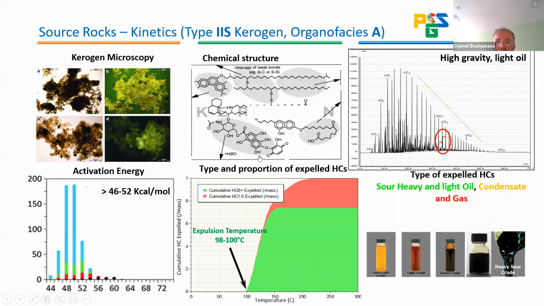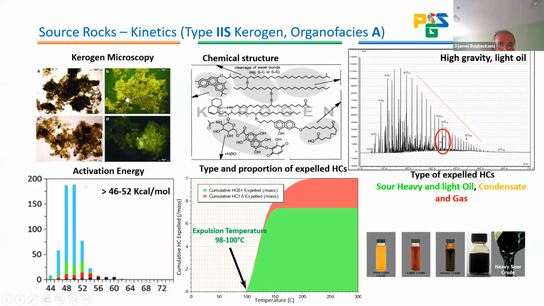To produce hydrocarbons, you need to crack these molecules. Because of the presence of sulfur, you need less energy to start to crack your kerogen and convert it to hydrocarbons.